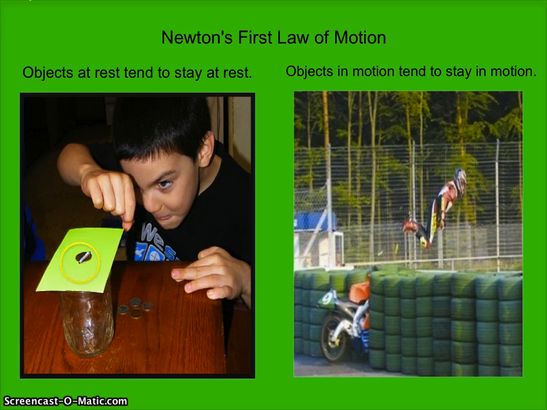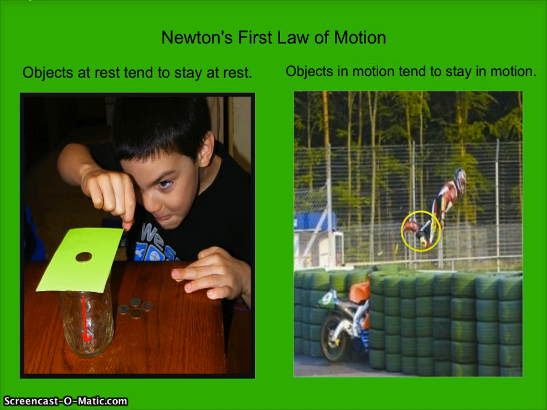Here this little kid has a coin on top of a jar separated by a note card. He flicks the note card. What's going to happen to the coin? It will drop into the jar, because this object at rest wants to stay at rest. It tends to stay at rest unless an unbalanced force is used upon it. And we'll get back to that.